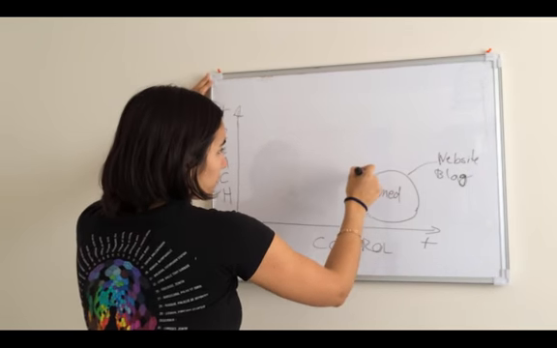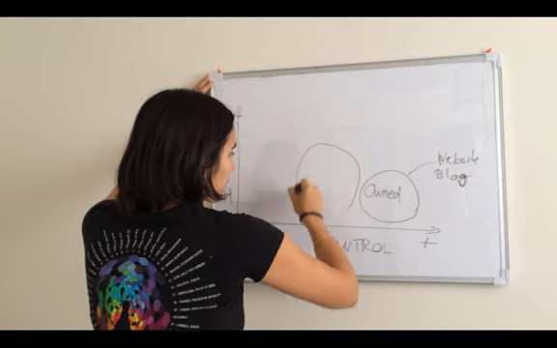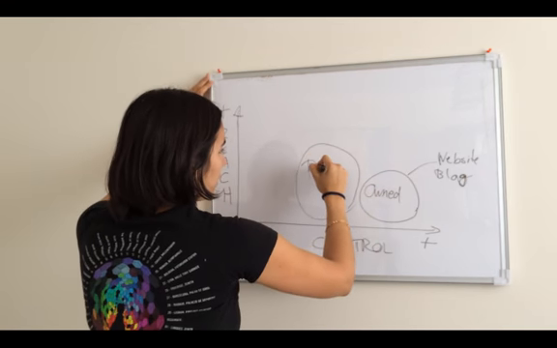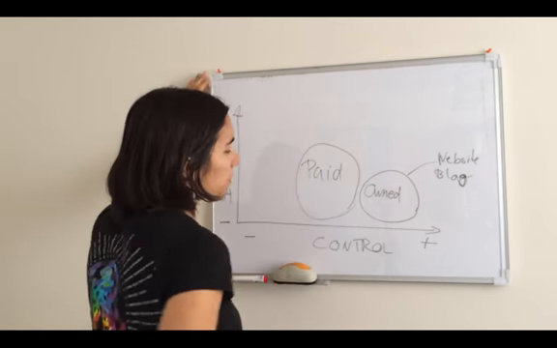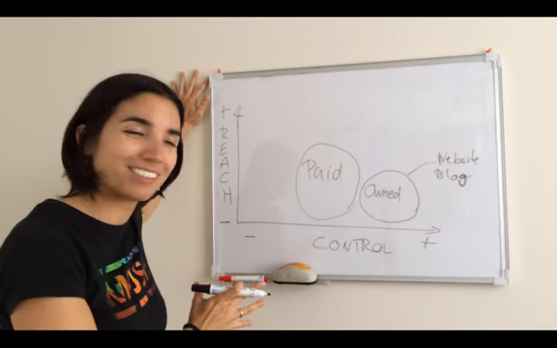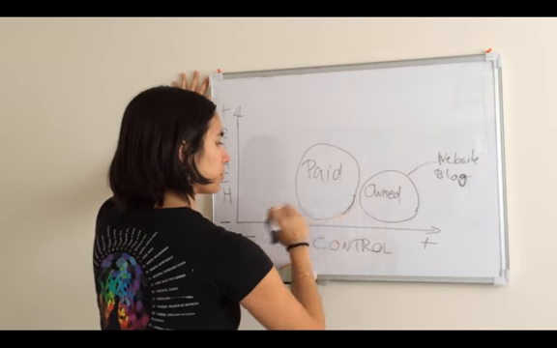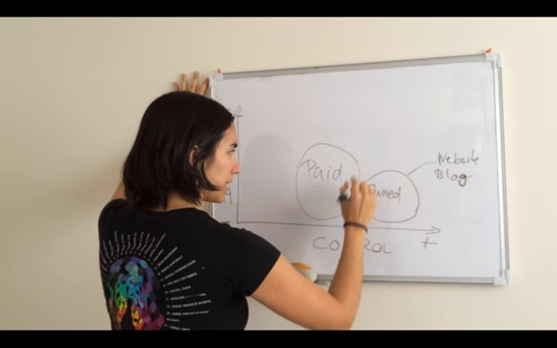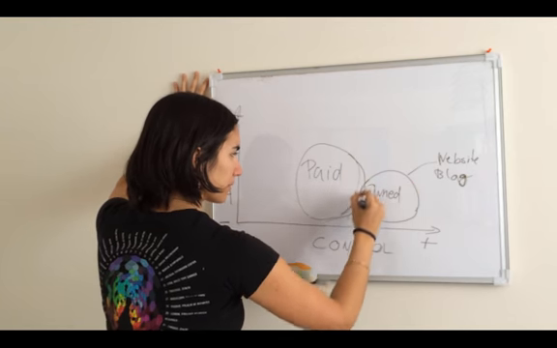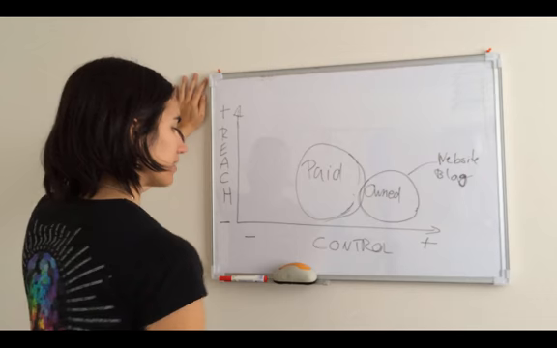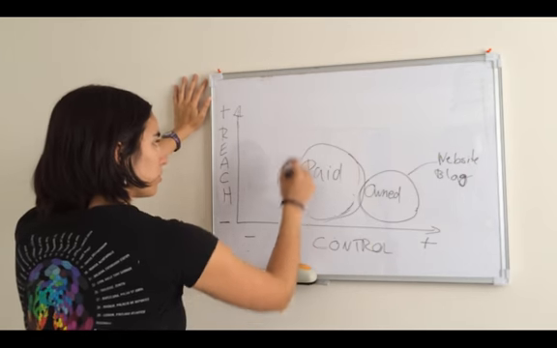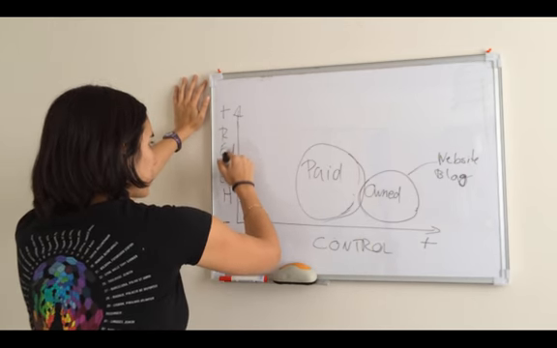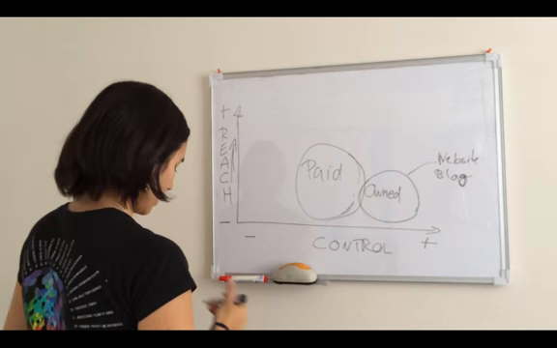What comes after that is paid media. And I'm going to apologize guys, it's not looking very pretty today, but this is supposed to be a circle, okay? So after the owned media comes the paid media. And what happens in paid media is that you have a little less control, but you dramatically increase your reach, okay?